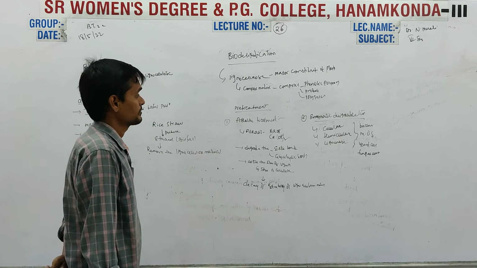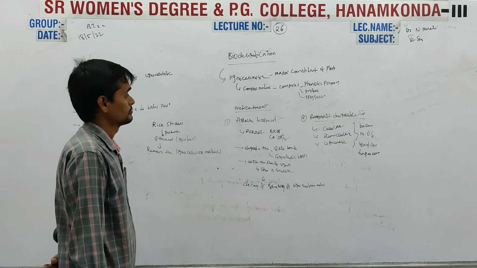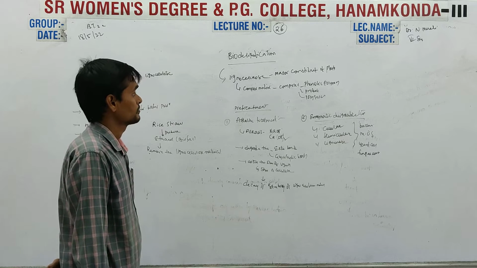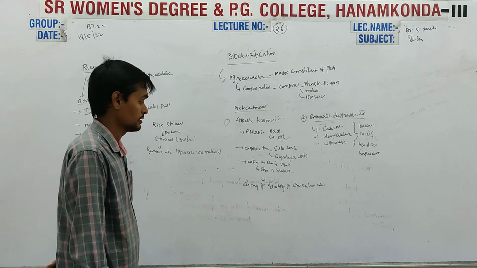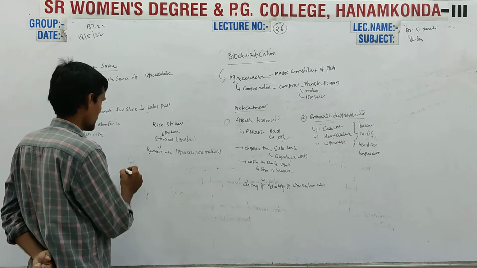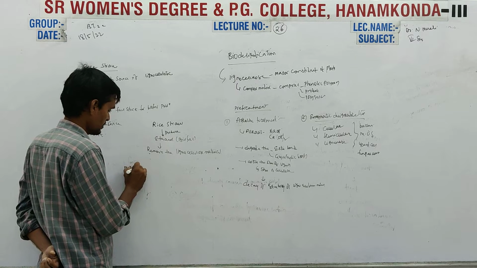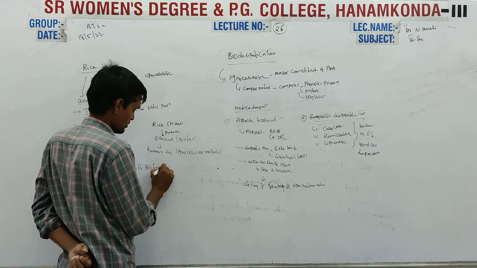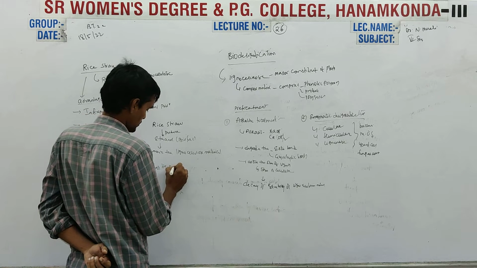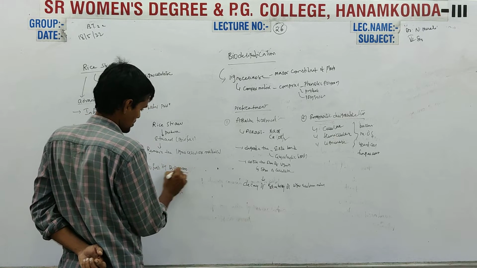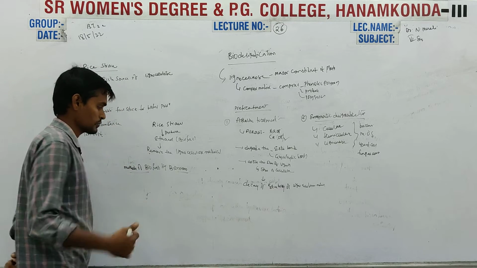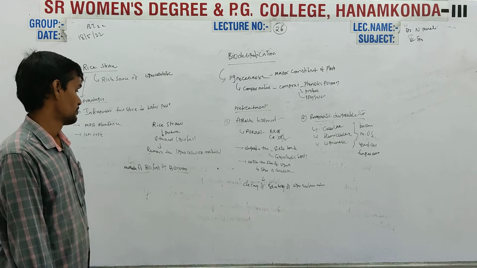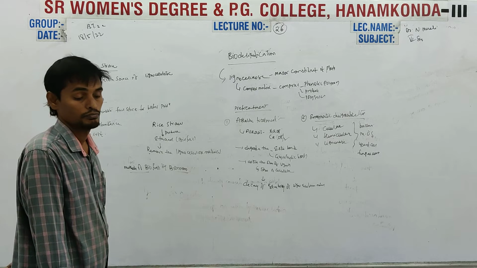So these are the different methods of delignification. Next, we go for methods of production of biofuels by biomass. There are different steps to produce biofuels by using biomass.